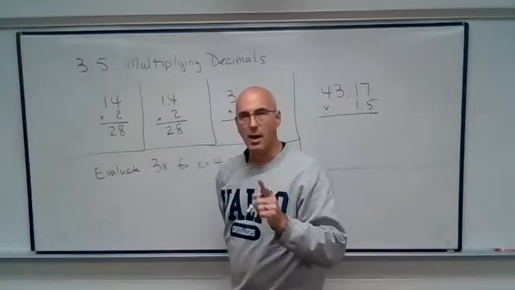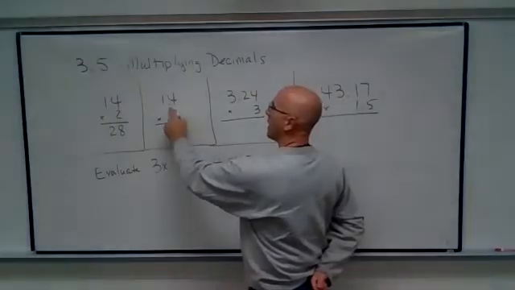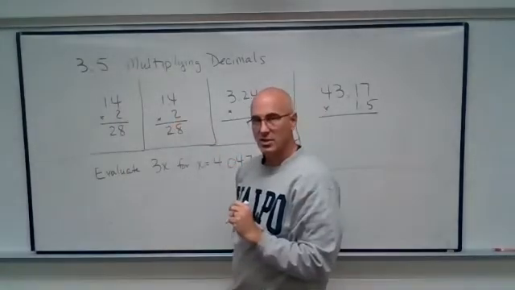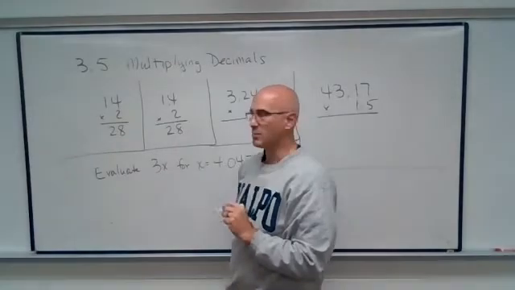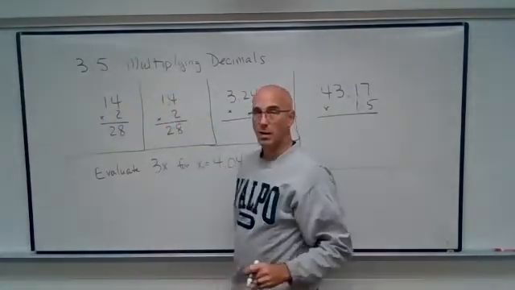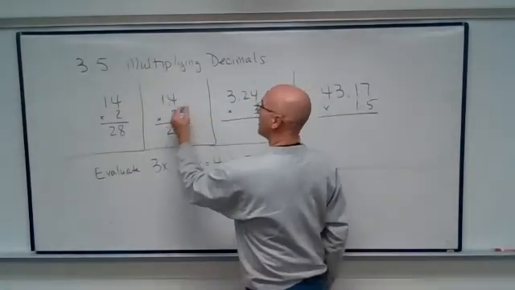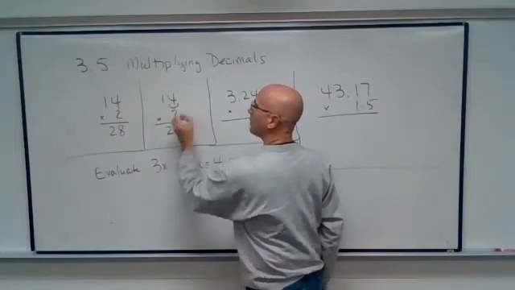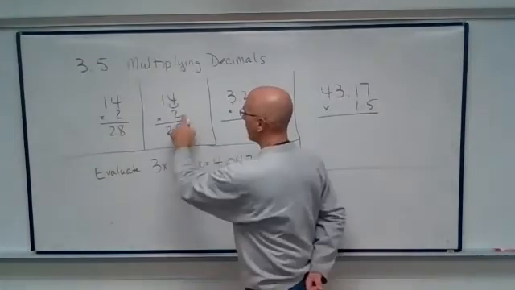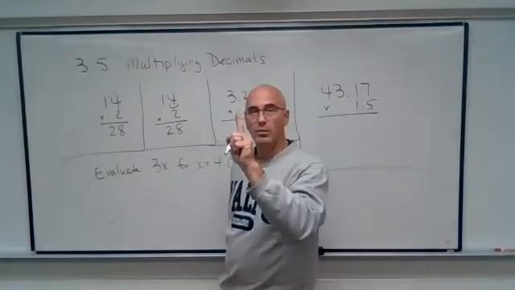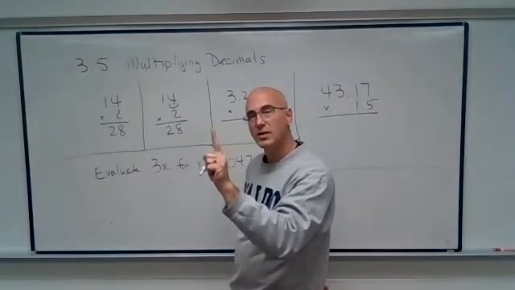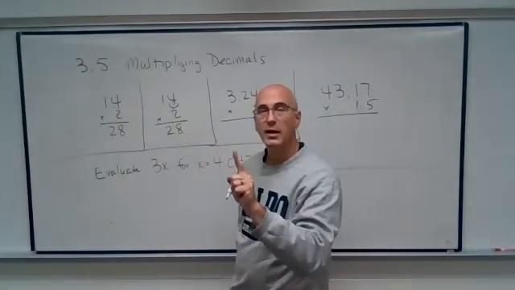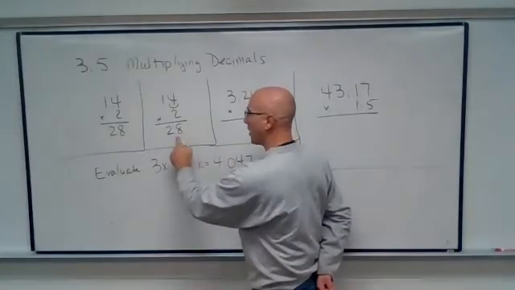Now here's the next step. We count how many digits are after the decimal point in both of these numbers. Here we have 1 place. We don't have any here. So we have a total of 1 place, and we are going to move the decimal place that many places over in our answer.